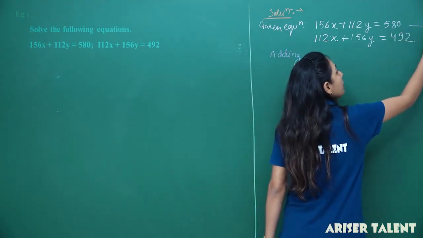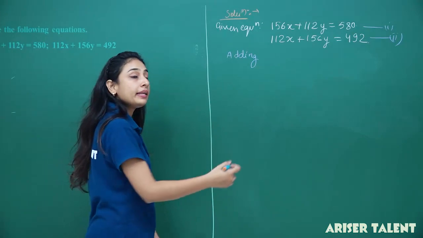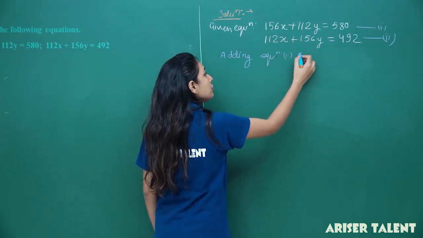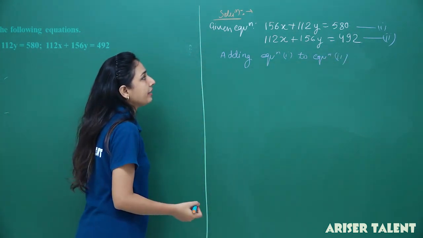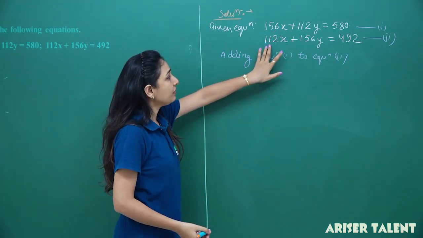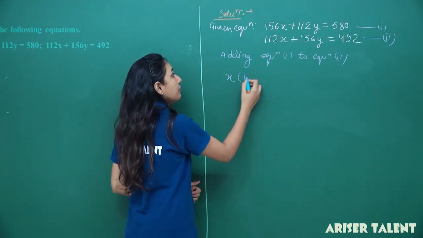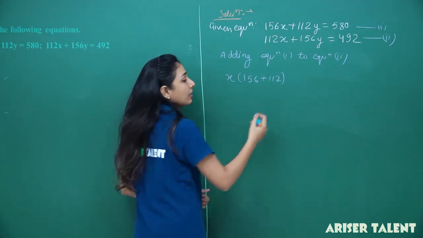Name them as equation number 1 and 2. Now, adding equation 1 to equation 2, what are we going to find out? Can I write it directly, students? 156x plus 112x will be x times 156 plus 112, right?